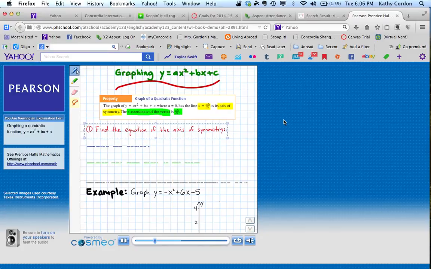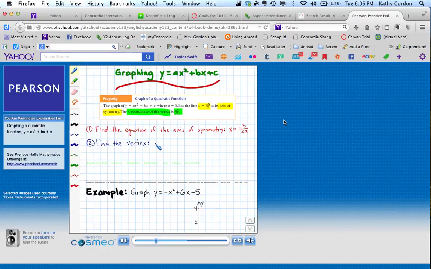First, we want to find the equation of the axis of symmetry. The property tells us that is x equals the opposite of b over 2 times a. Next, we want to find the vertex of the graph, which is a parabola.